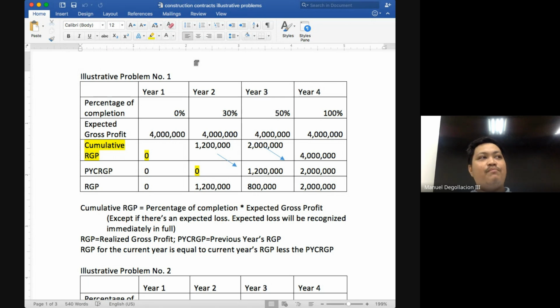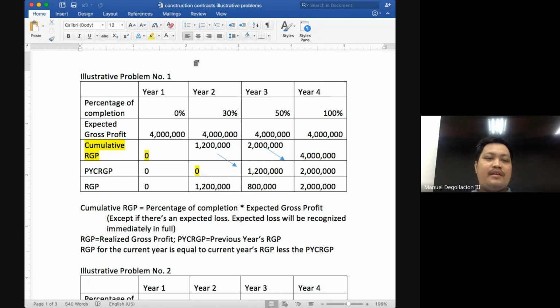Under the percentage of completion, class, you only recognize revenue, you only earn profit if you earn it. And the earning process here is through construction work. So if you do not have any accomplishment, class, then expectedly you will not have any profit to report for that year.